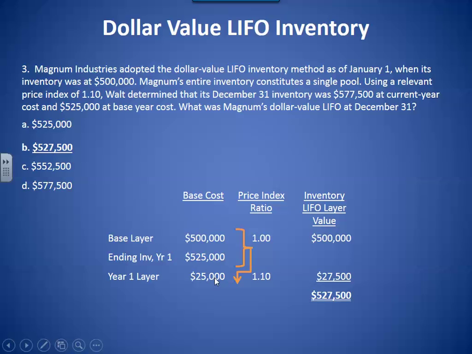So we take that $25,000 layer and we use our price index ratio of 1.1 to convert that back to our LIFO layer value, which would be 25,000 times 1.1 equals $27,500. So our inventory value is 500,000 plus 27,500 equals $527,500.